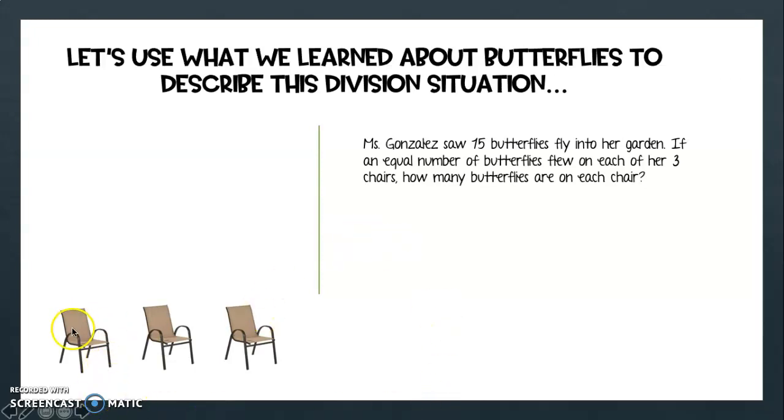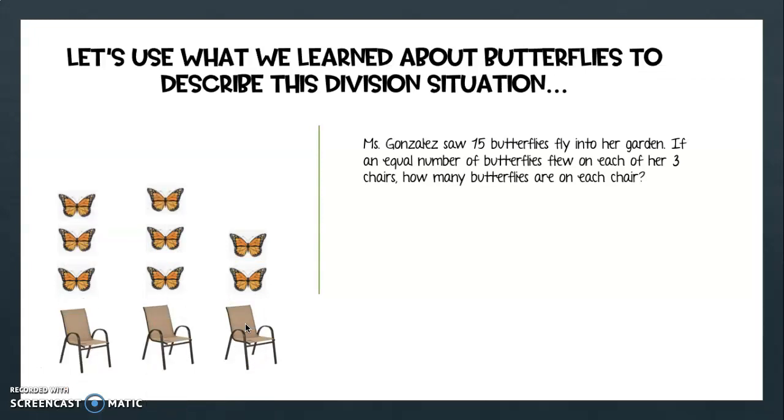So I know my total and I know the number of groups because each chair is going to represent one group. So I'm going to take my 15 butterflies and I'm going to place them on each chair until I'm done with all the 15 butterflies to find how many are on each chair. So I'm going to start. 1, 2, 3, 4, 5, 6, 7, 8, 9.